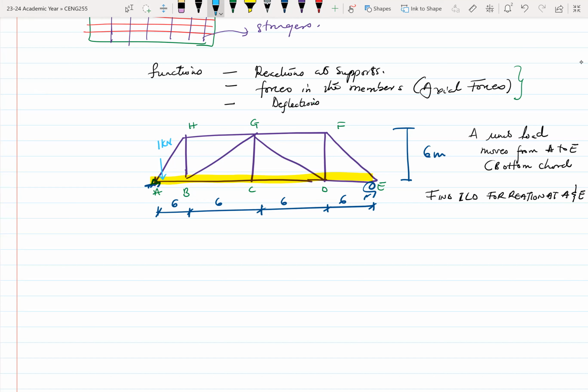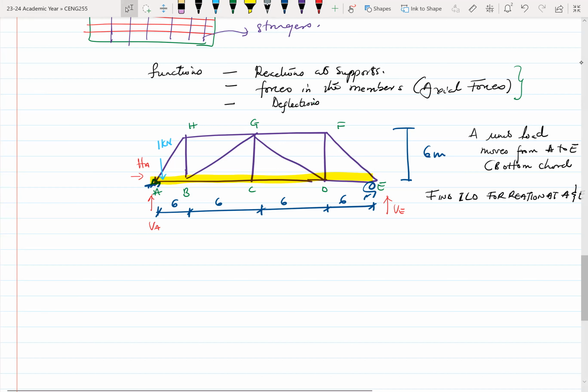You have unknown reactions VA, VE, and HA. Because it's a vertical unit load, your horizontal reaction HA will almost all the time be zero, because you only have vertical loads on the structure.